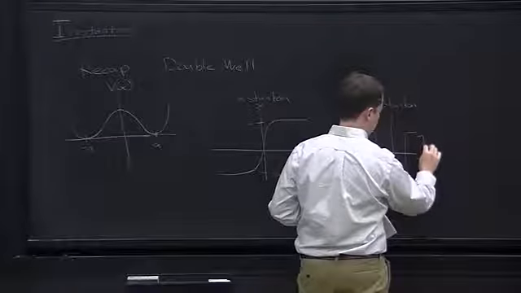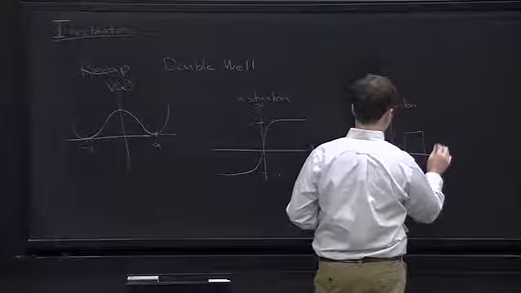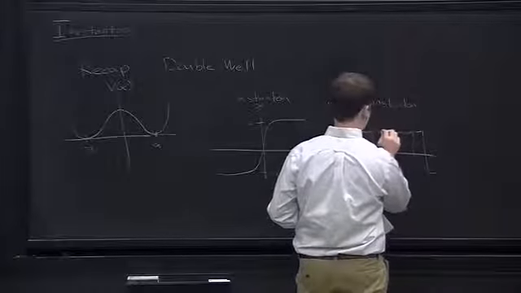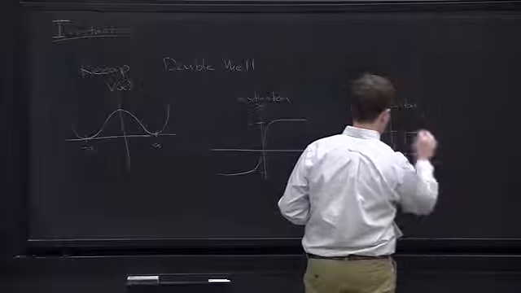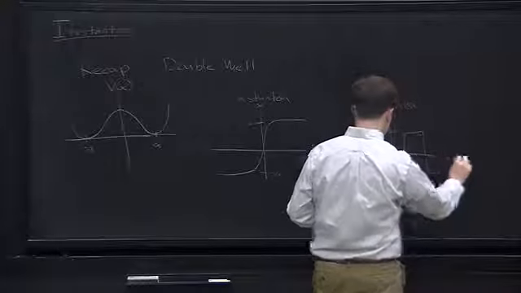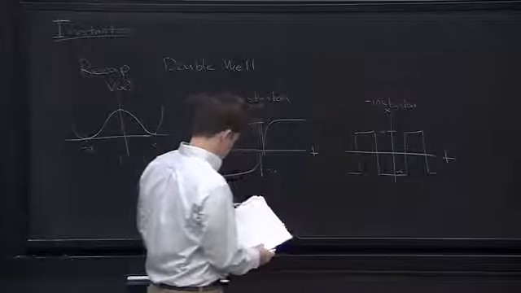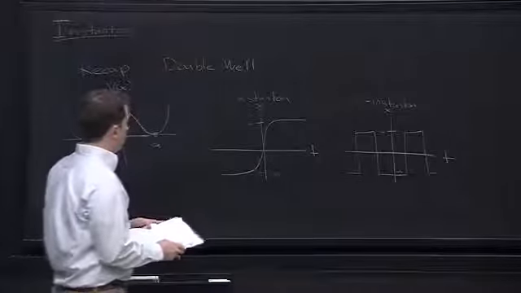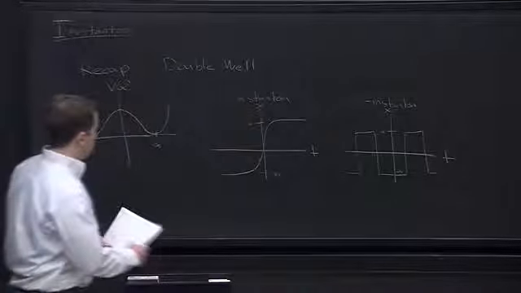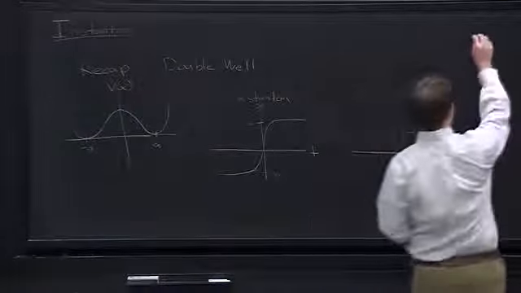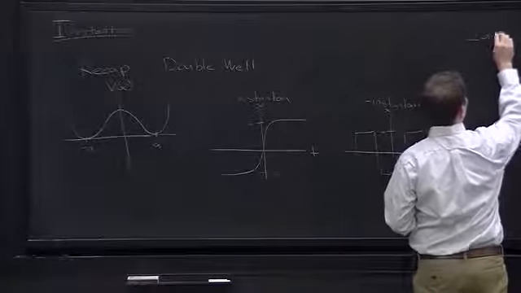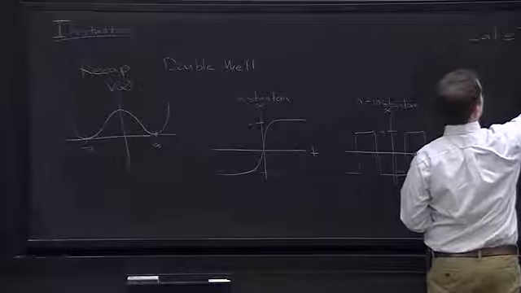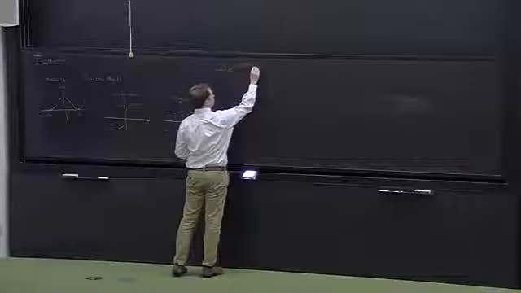So it will look something like this. And so we were trying to compute the transition element, minus a, e to the minus t over h bar, a.